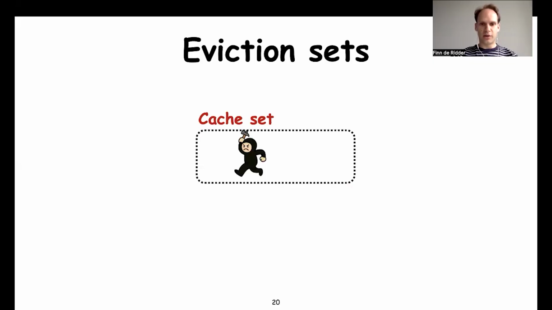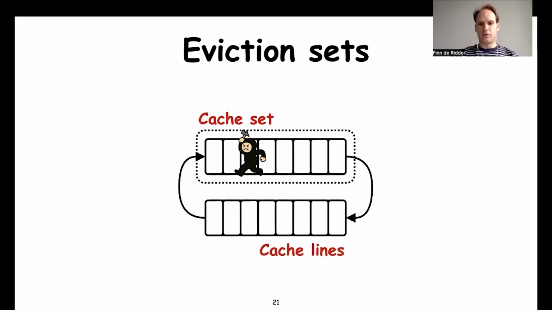So let's say that our aggressor is an address that is in this set. Then what you would traditionally do is you would find other addresses. Each of these boxes here represents another address that maps to the same set. And by accessing all of them, they are continuously replacing the contents of the cache set.